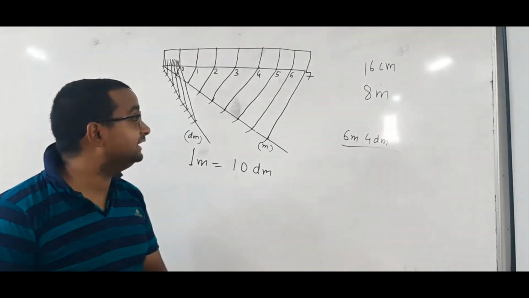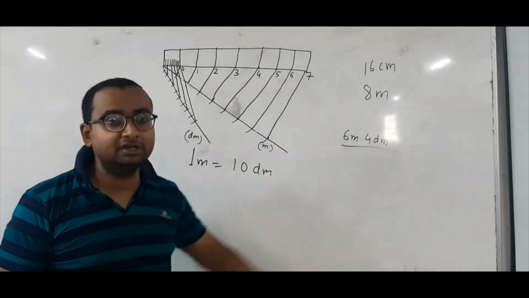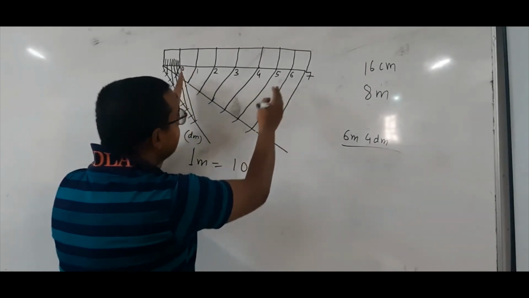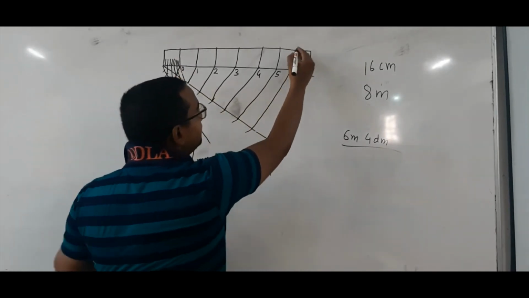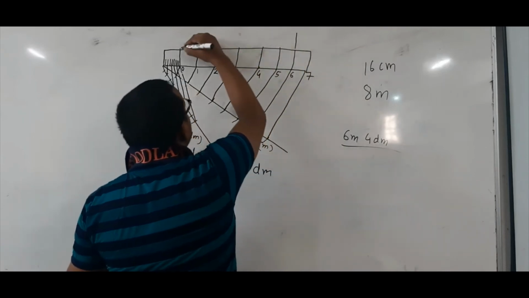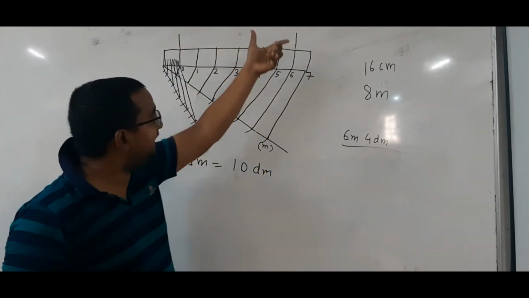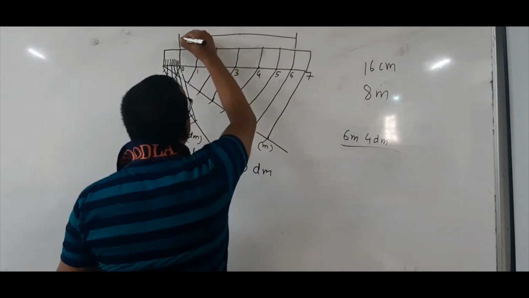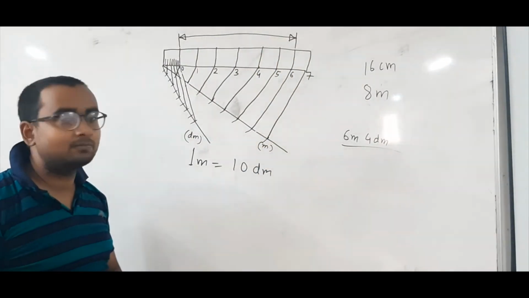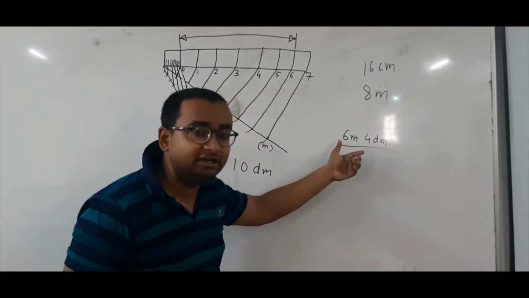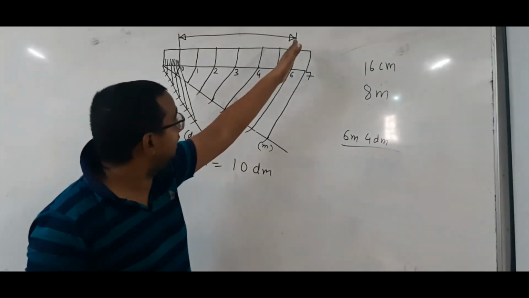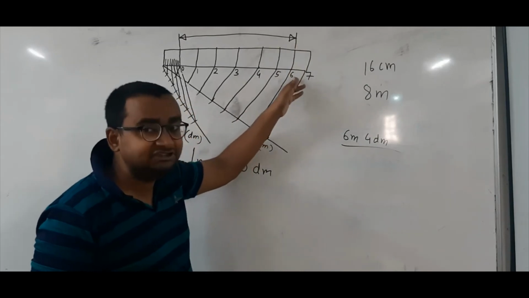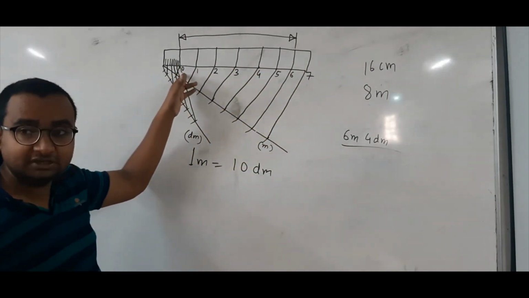To indicate a distance of 6 meter 4 decimeter, first of all the 6th division, that is from 0 to 6, will indicate a distance of 6 meter. So for 6 meter we will indicate a distance from the 6th division up to the 0 division.